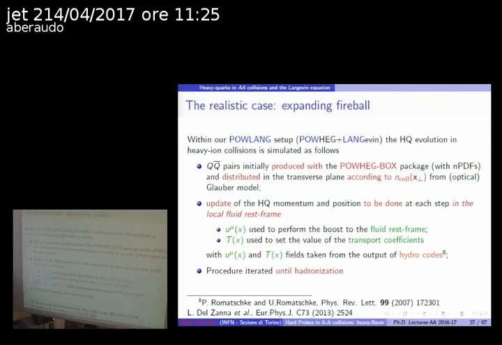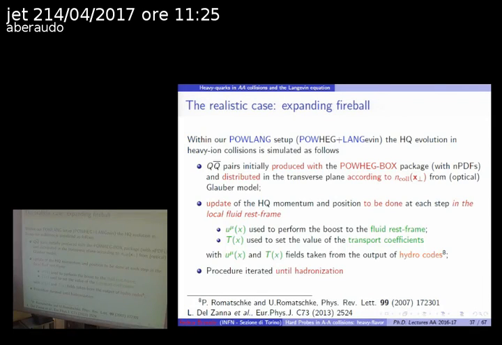So in Torino we developed this setup that we called the POLANG, because we have essentially interfaced the output of the POWHEG box event generator with some Langevin transport calculation. So the approach is more or less the following.